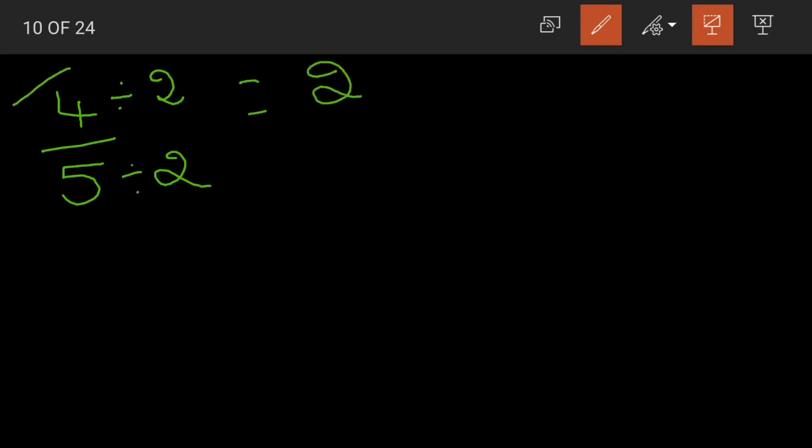So when I say 4 by 5, the option we have is to either multiply or divide both the numerator and denominator. Yes students, if I divide 4 and 5 by 2, 4 by 2 becomes 2, and 5 by 2 becomes 2.5.